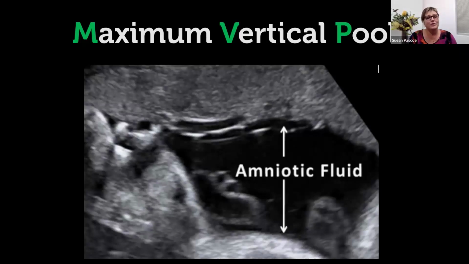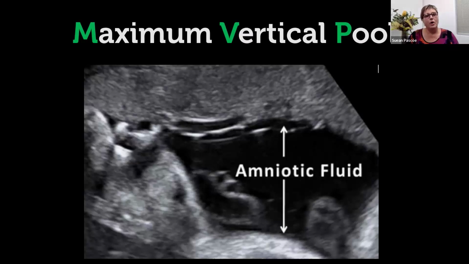And so the first way of the numerical method to calculate how much fluid there is is the maximum vertical pool, or you might have heard of it as the deepest vertical pocket. What you do here is you put the probe on. It doesn't matter if it's in longitudinal or transverse section, because we're going to be measuring the depth. And regardless of which way you are holding your probe, the depth is still exactly the same.